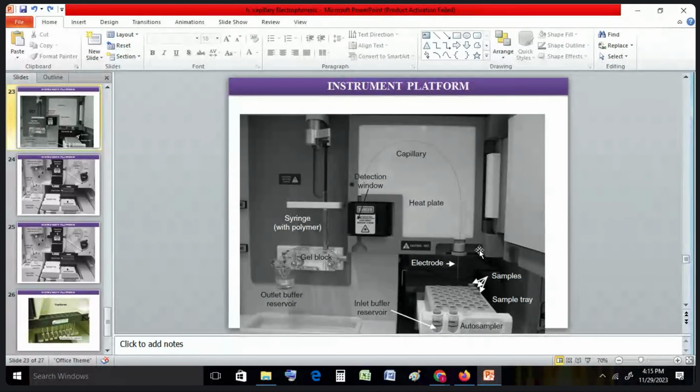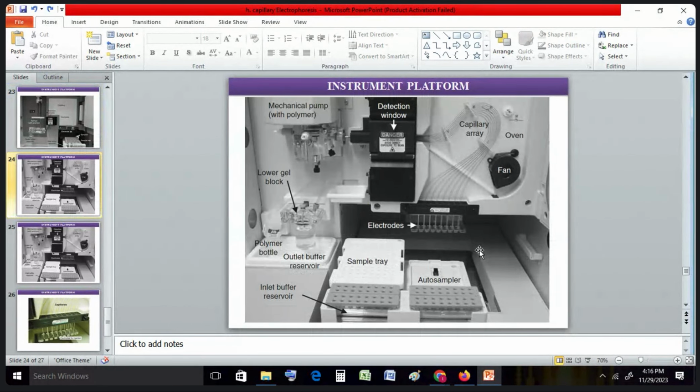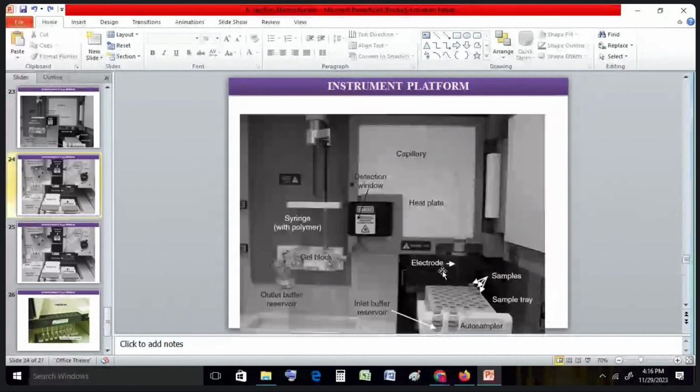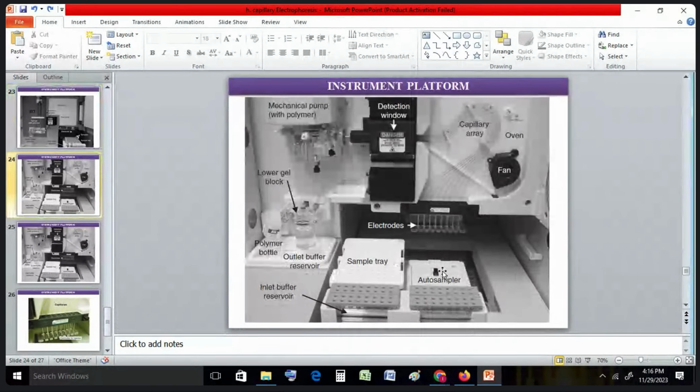Then the companies introduced multi-channel or multi-capillary electrophoresis. How many capillaries are here? You can count 1, 2, 3, 4, 5, 6, so 8 capillaries. So 8 capillaries means 8 samples it can run together. So it is faster compared to the first one, the single capillary.